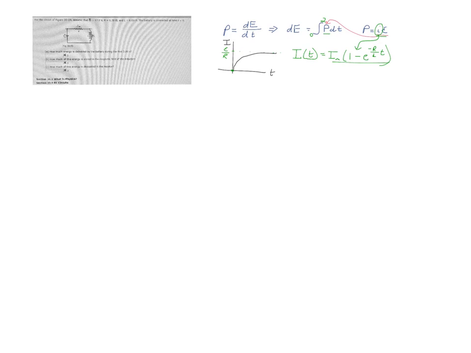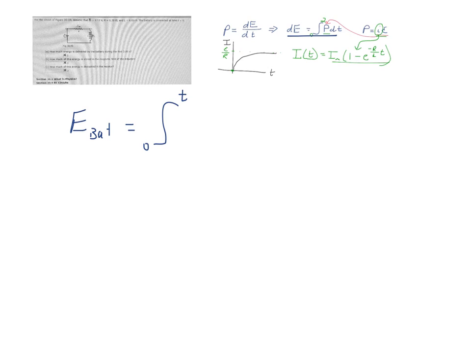Okay, so writing that out, the total energy for the battery has to equal the integral from 0 to 2 seconds. Actually, I'm just going to write t because it would be for any amount of time.